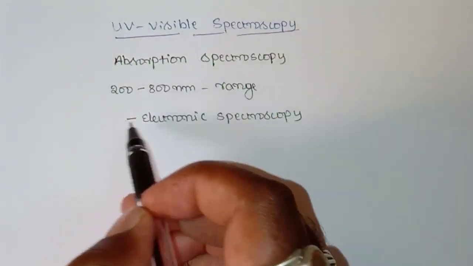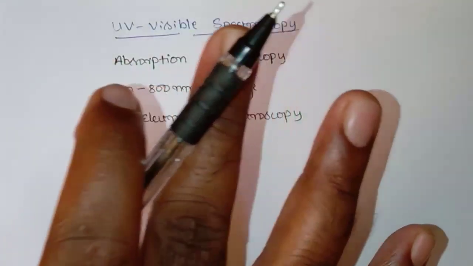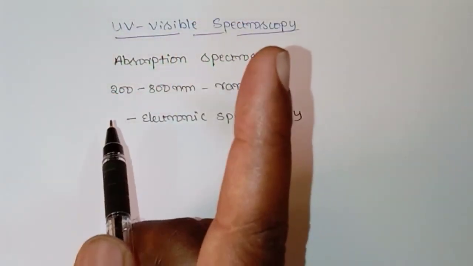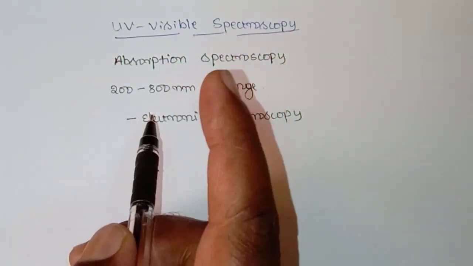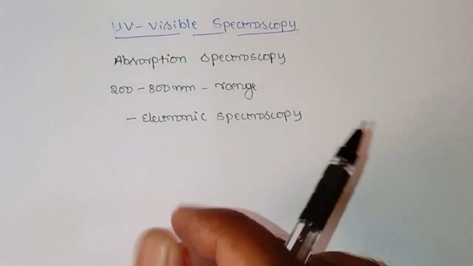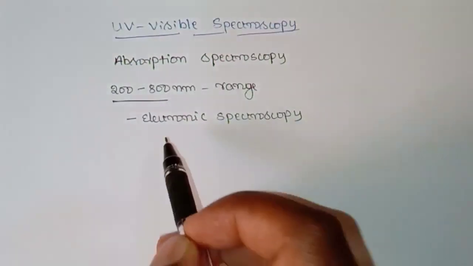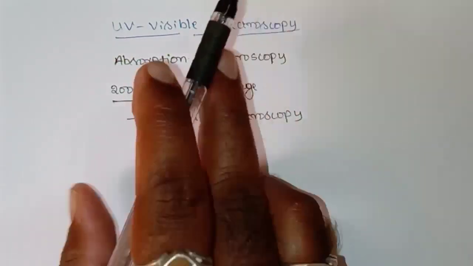For recording the UV spectrum, the compound or sample is supposed to be dissolved in a suitable solvent, and the solvent should be selected in such a way that it does not show any kind of absorption in this wavelength range. Only such a solvent should be selected for dissolving the sample.